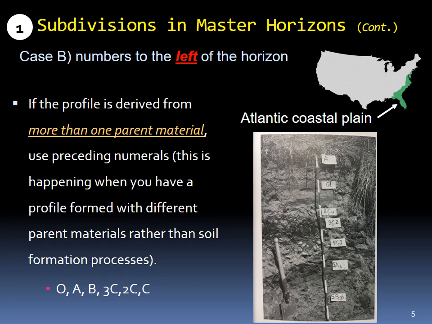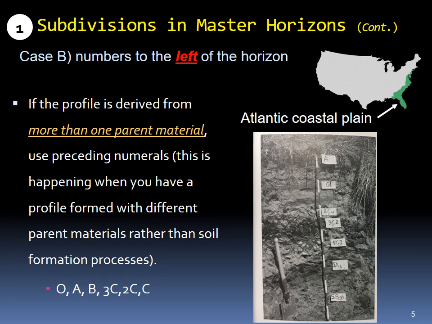Now the last layer is given by the number 5. You have AB, and then you have 5AB, and then you have 5BGB. Now remember, the B letter means that it is a buried soil, and the G letter means this is a gleyed soil.